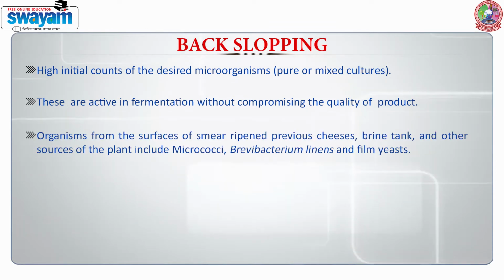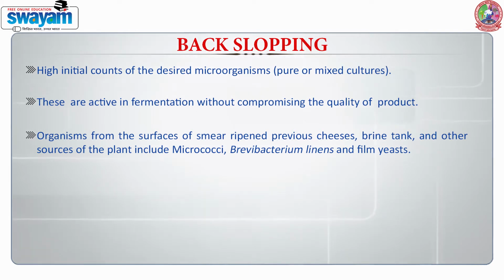The organisms isolated from the surfaces of the smear-ripened previous cheese, brine tanks and other sources of the plant include Microbacterium, Brevibacterium and film-forming yeast.